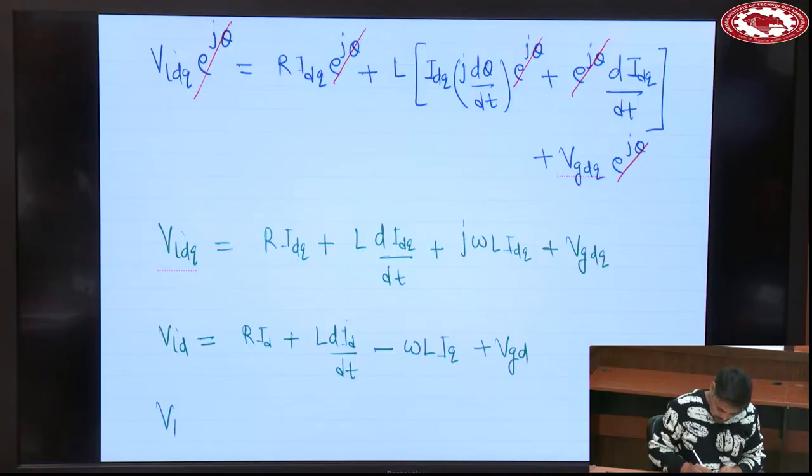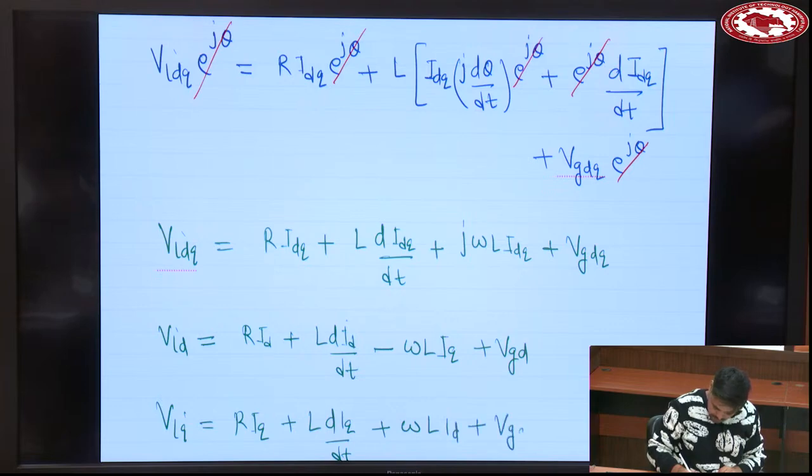Similarly, Viq is equal to R Iq plus L d Iq by dt plus omega L Id plus Vgq.